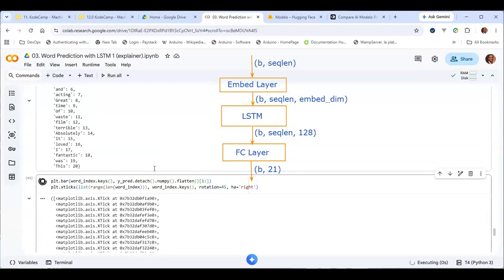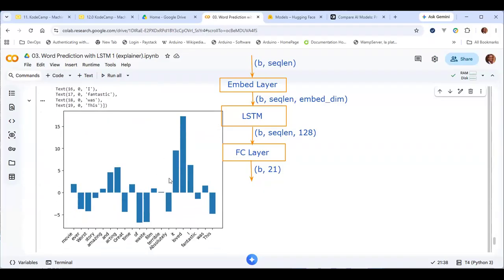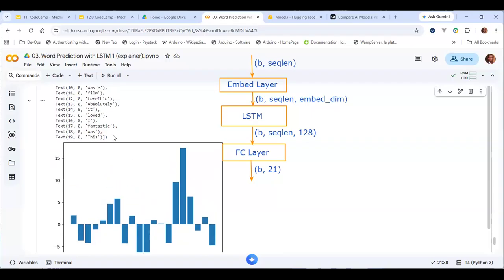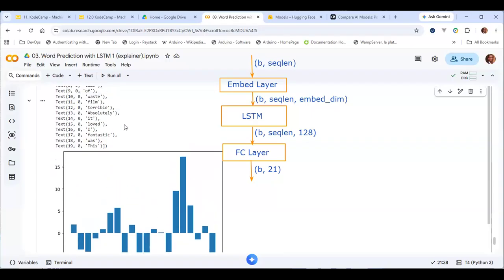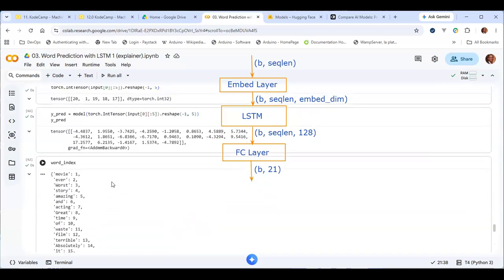But if you now plot it, you will see that at least this time around, you have trained the model. Okay, it says it's loved. So I think I may have loved is, so it predicts it as loved. That's the word that's at that position. I'm surprised. Okay, hold on. Maybe I didn't read it properly.